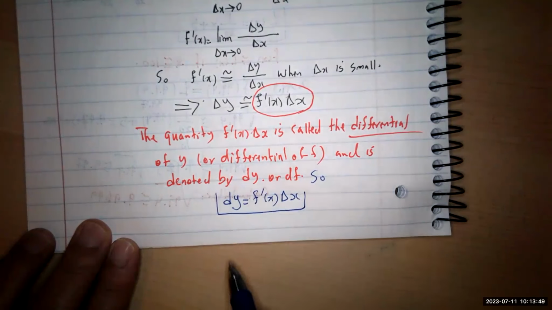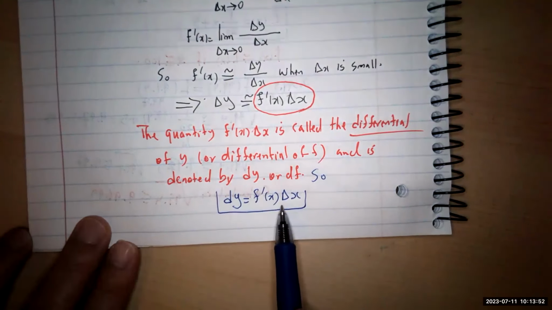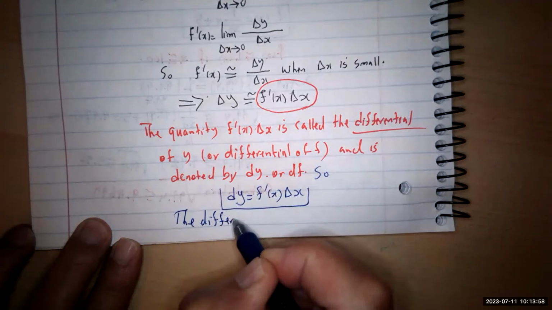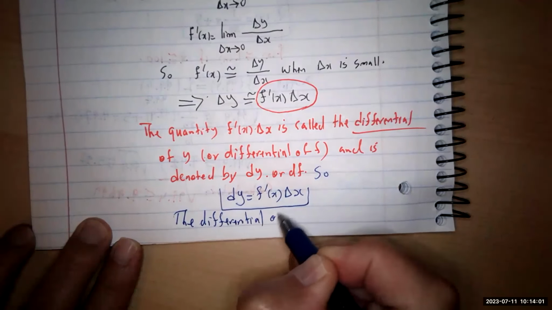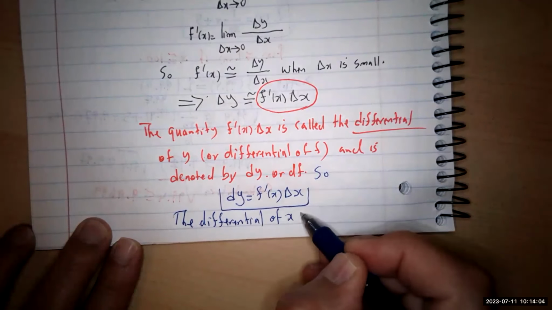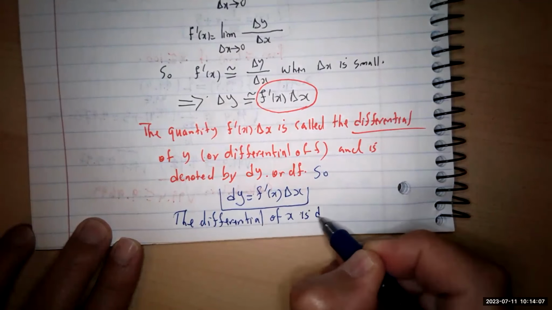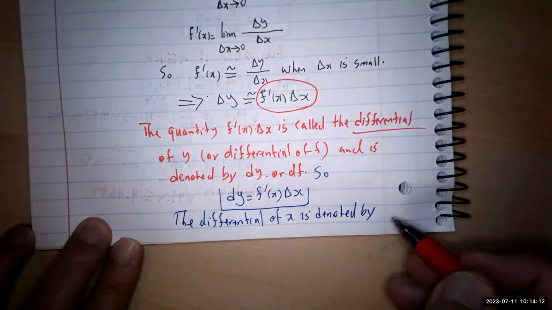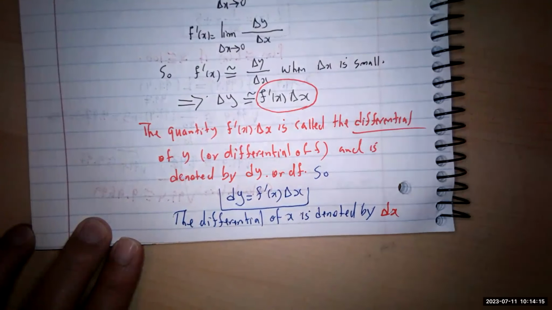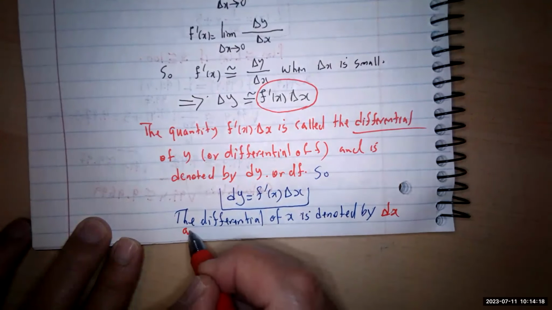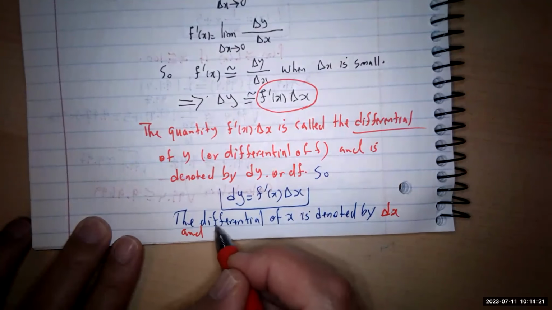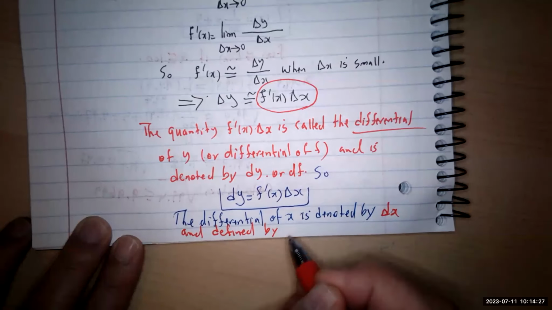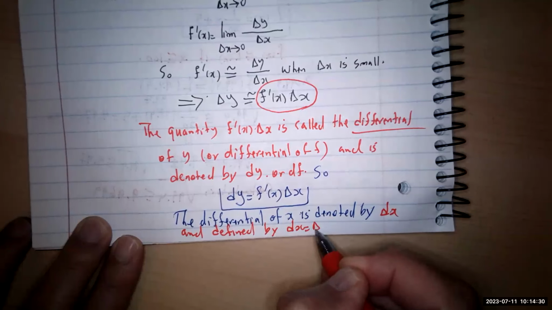But differential of x, we can define differential of x as the same as delta x here. So we define the differential of x, going to be denoted by dx, and defined such that differential of x and delta x are going to be the same.